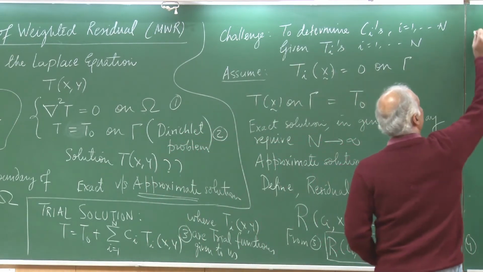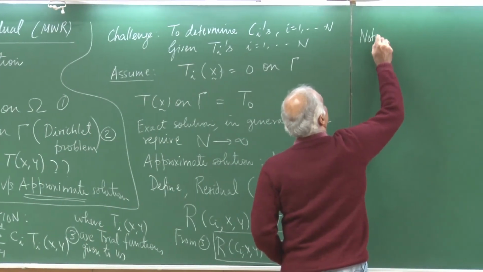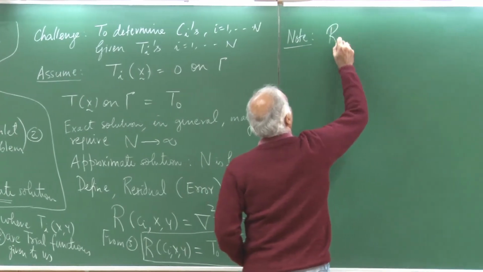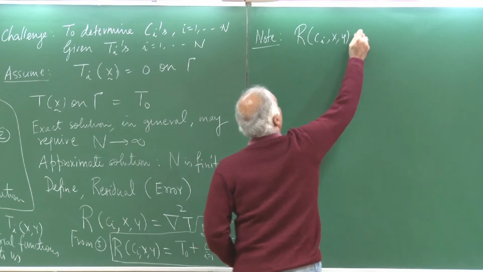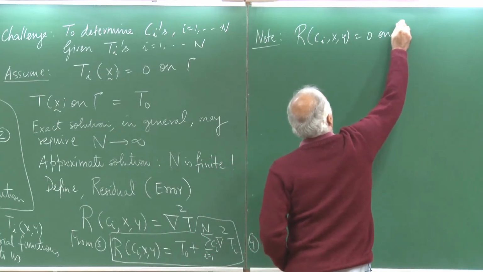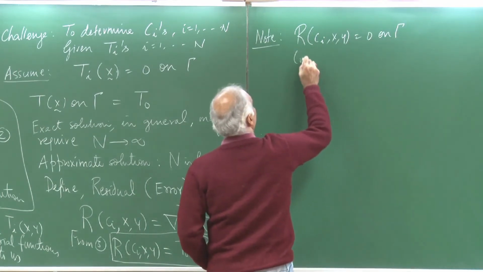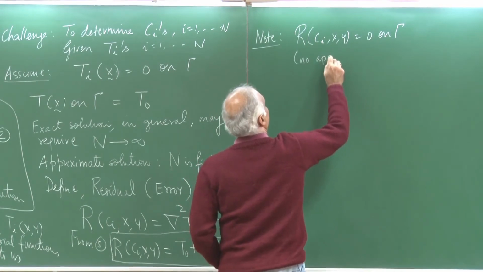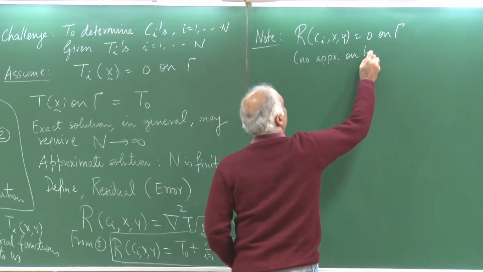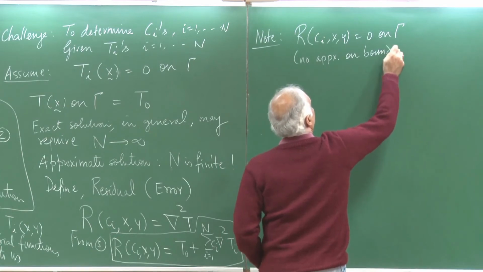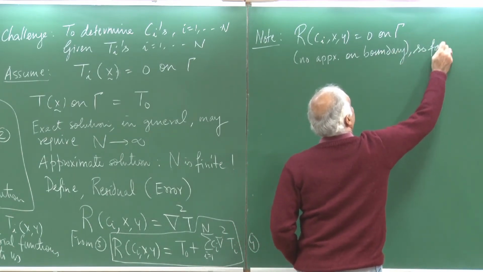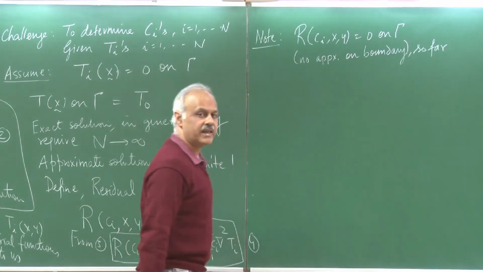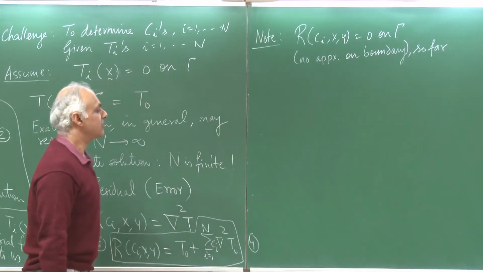So, I will write a small note here that r(Ci, x, y) is 0 on gamma. Okay. So, no approximation on boundary so far. Of course, one could make approximations there as well.